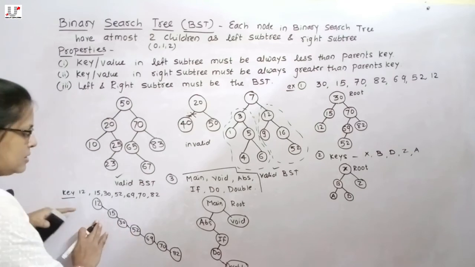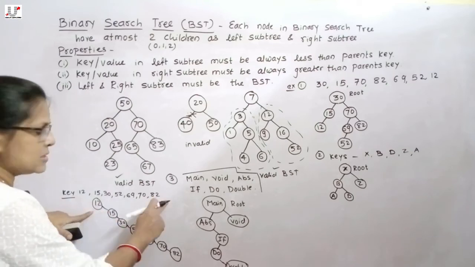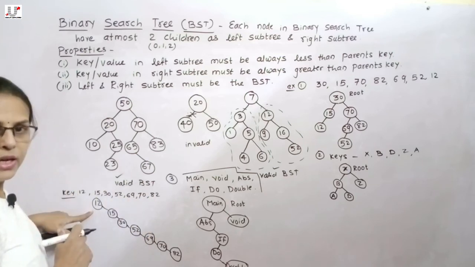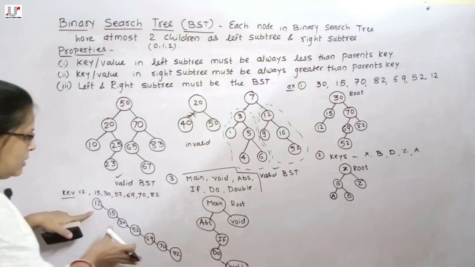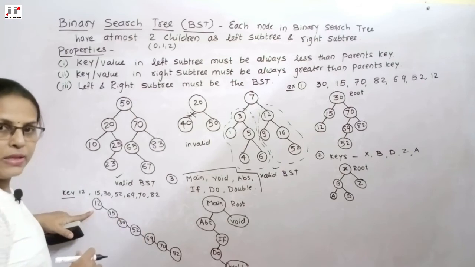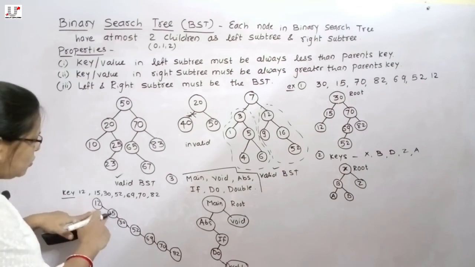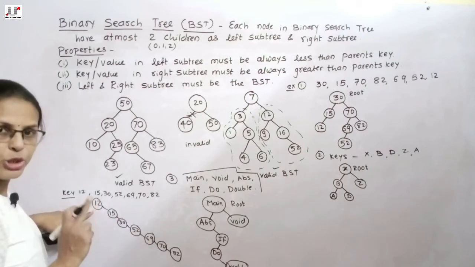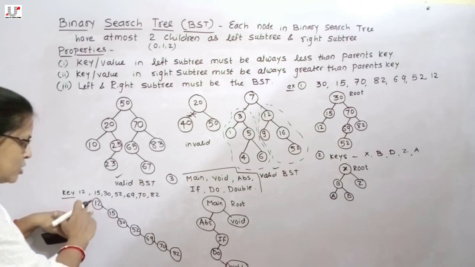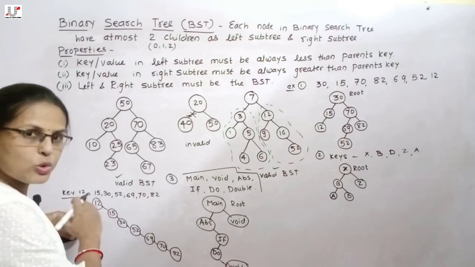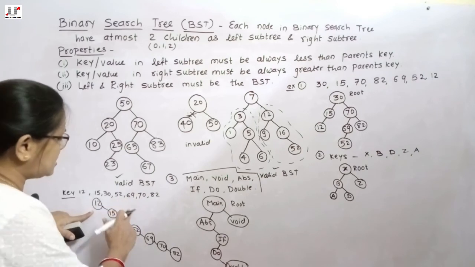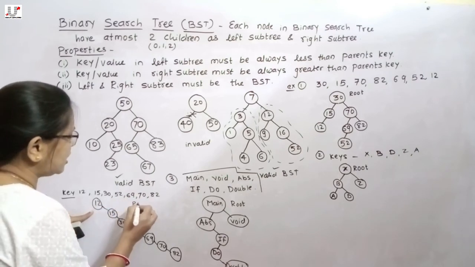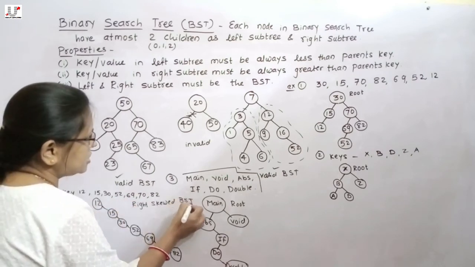So this is when the keys are in ascending order. This is also a valid binary search tree, with each node having only a single child. And as all the nodes are attached to the right, this is called a right skewed binary search tree.